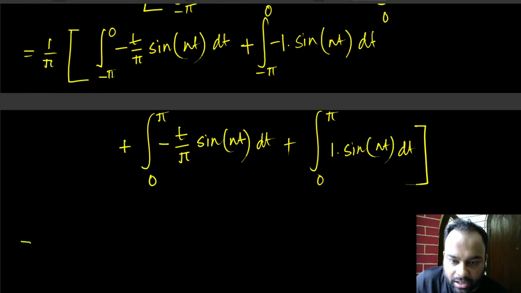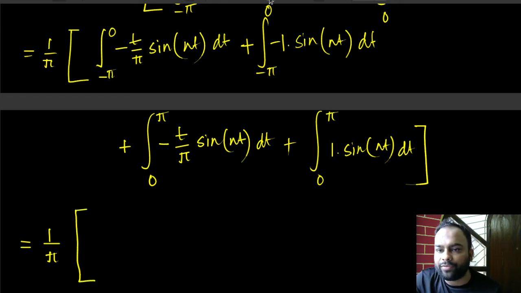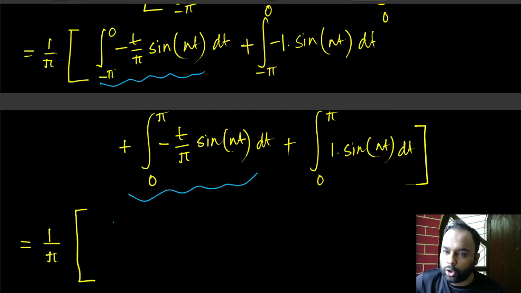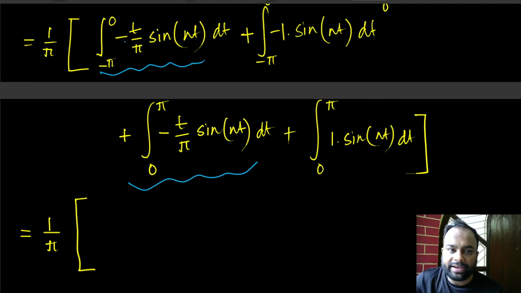Now let's look very carefully at this portion and at this portion. What do I really have? If I bring the minus sign outside, and also bring the minus sign outside, and bring these two portions together, what do I have?